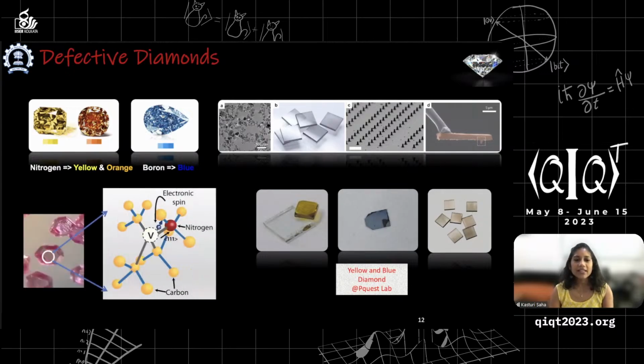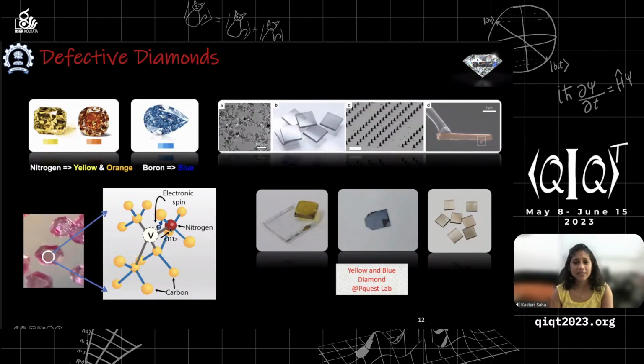Now, a very special property of these diamond samples is that when you have a nitrogen that has been substituted in place of carbon, and you also have a vacancy next to it, along with an electron that it captures from the environment, it forms what is known as the NV- complex. And this is the most interesting complex that is useful for forming quantum sensors.